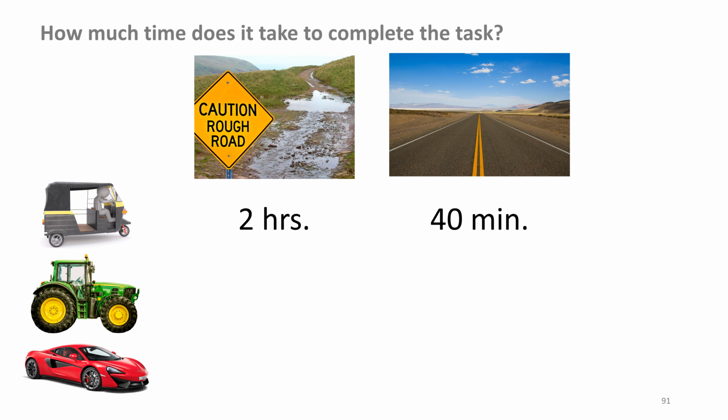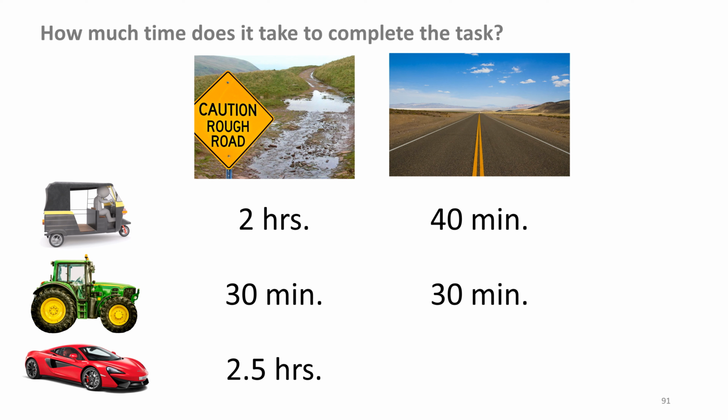A tractor, because of its nature, needs only 30 minutes on both road conditions at the same speed. Due to the low ground clearance, the sports car can only reach its destination in 2.5 hours under the left-hand road conditions.